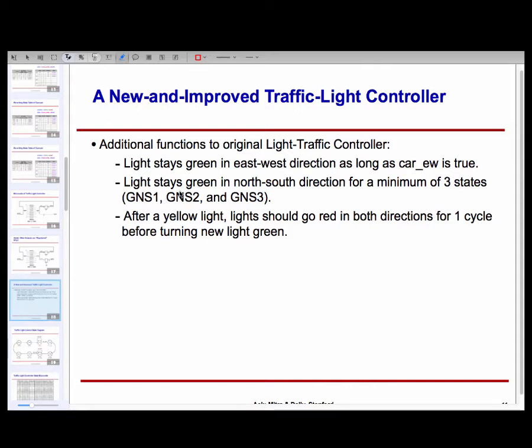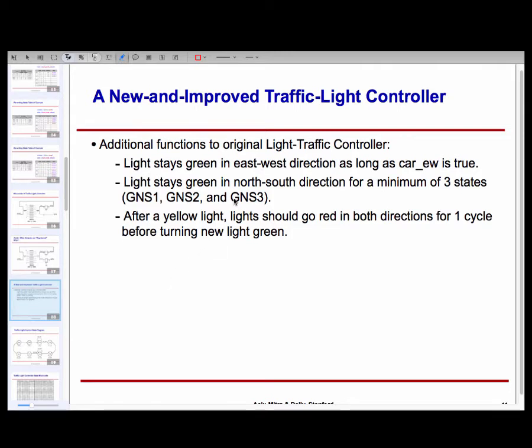And then we can also say things like light can stay green in north-south direction for a minimum of 3 states. So if there is a lot of traffic on east-west, we still want to make sure that the north-south keeps getting some amount of time. And then maybe right now what was happening was when the light was turning yellow, in the next cycle the light would go red in this direction and turn green in the other direction.